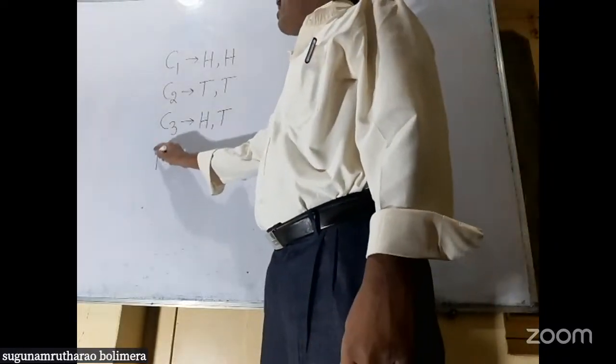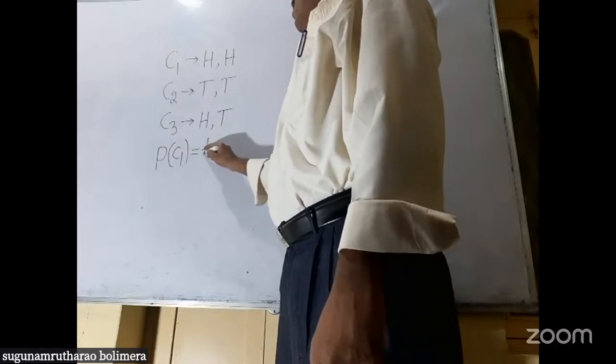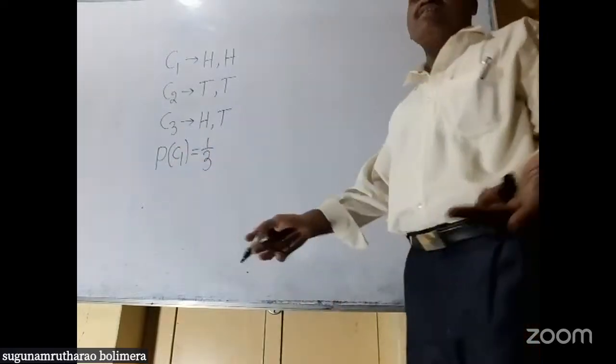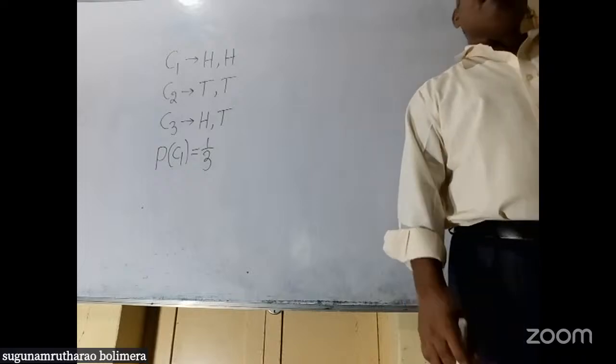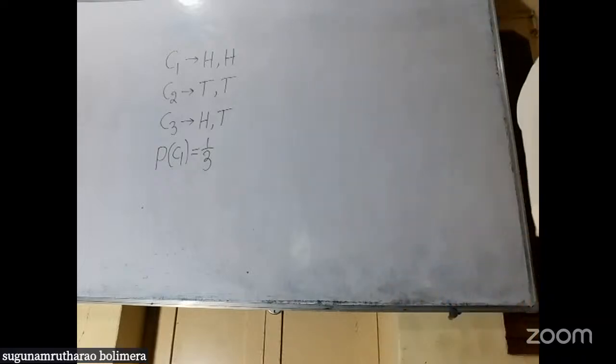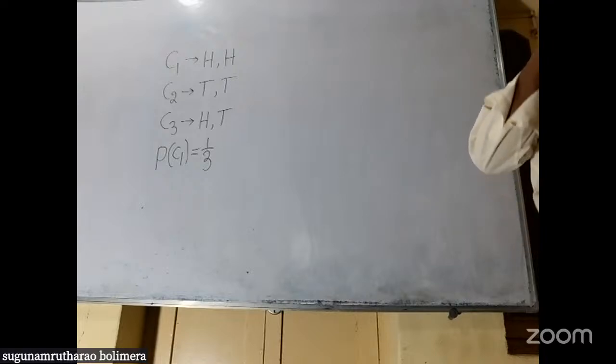So P of C1 equals 1 out of 3. There are 3 points, so choosing C1 will be 1 by 3. Please write if you want. A coin is chosen at random out of 3.